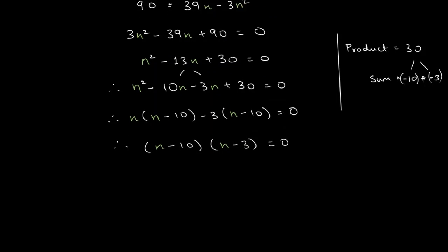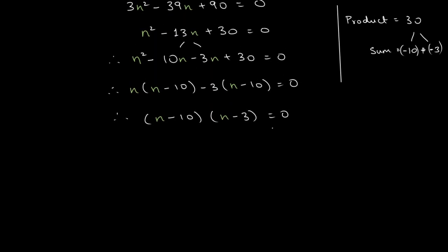Now we can use the zero product rule. When two numbers multiply, it gives me 0. Either the first term, n minus 10, is equal to 0, or the second term, n minus 3, is equal to 0.